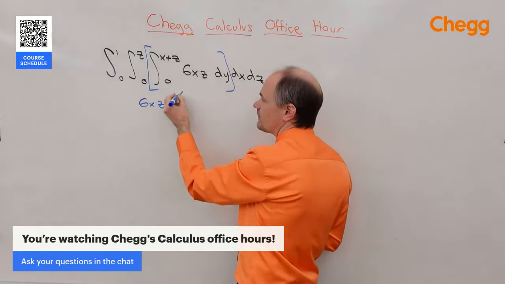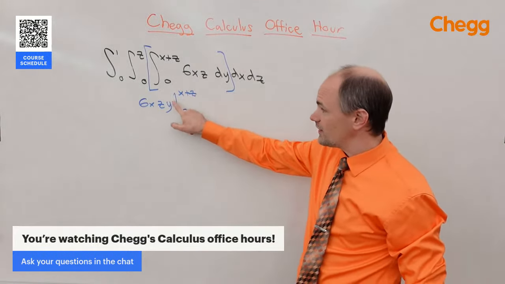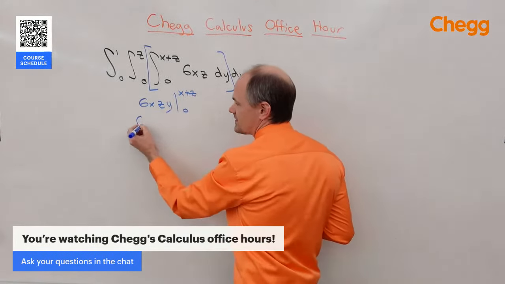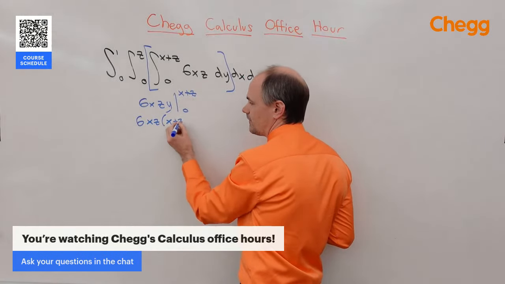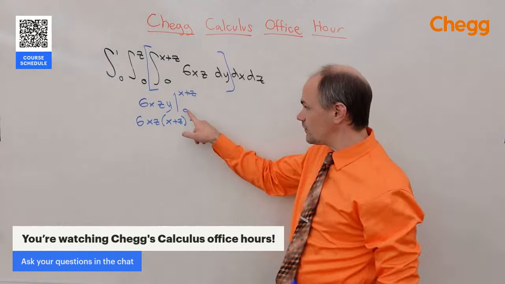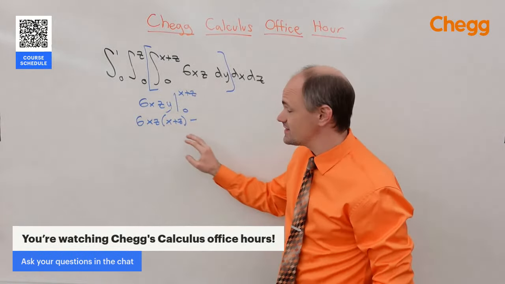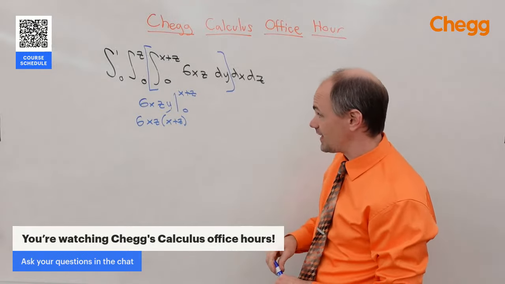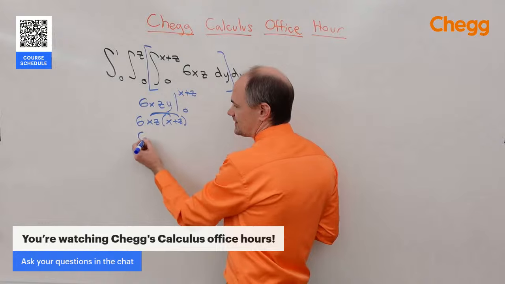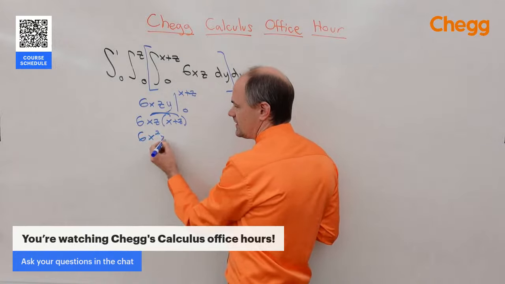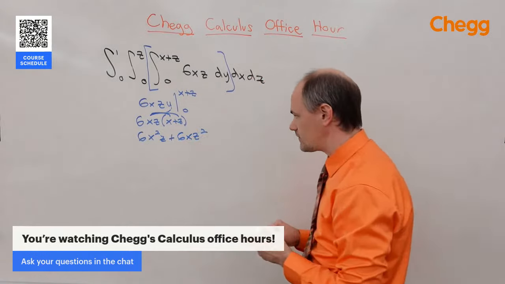Then we integrate from 0 to x plus z, so we plug that in for y: 6xz times the quantity x plus z. Then we subtract what we get when we plug 0 in for y. Well, 0 times anything is 0, so there's nothing to subtract. Let's distribute this through, giving us 6x squared z plus 6xz squared.